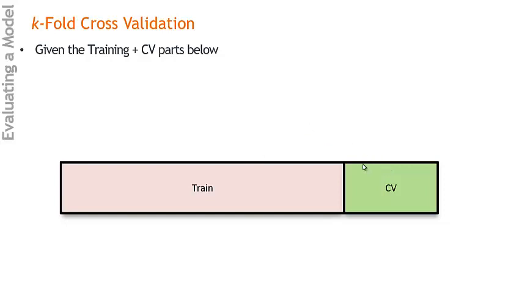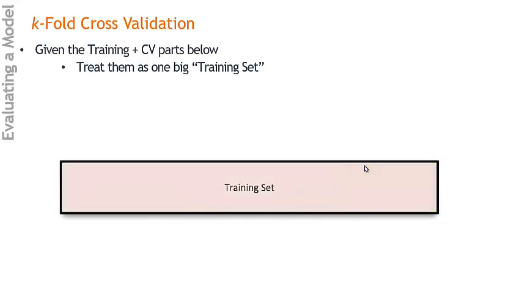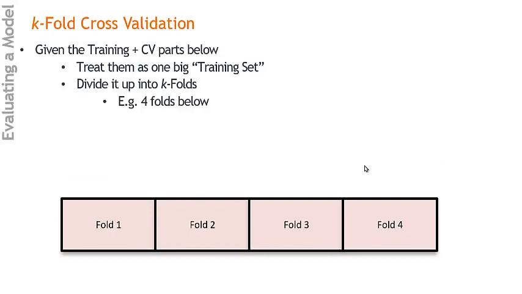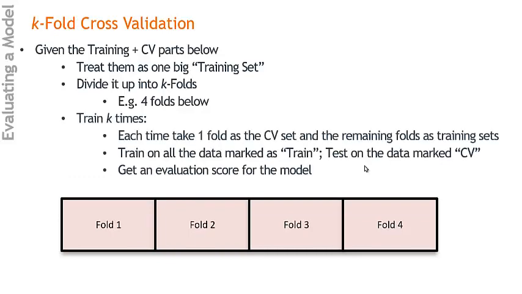All right, so we have training plus cross-validation. You treat them first as one big training set, and you train your model. Then you divide into folds. These folds are going to be used one by one as cross-validators, in the sense that first you train a model on these three, and then you test it on the fourth set.